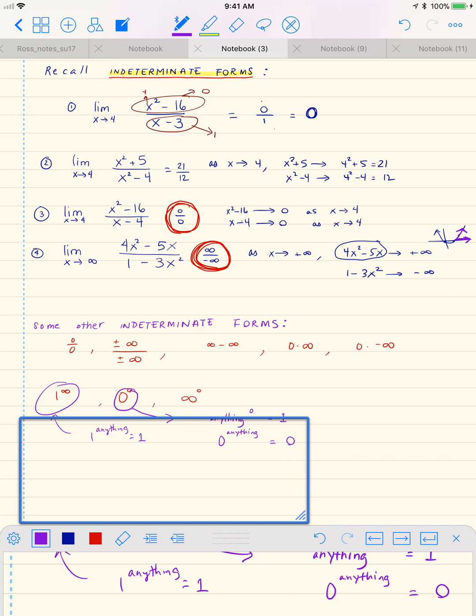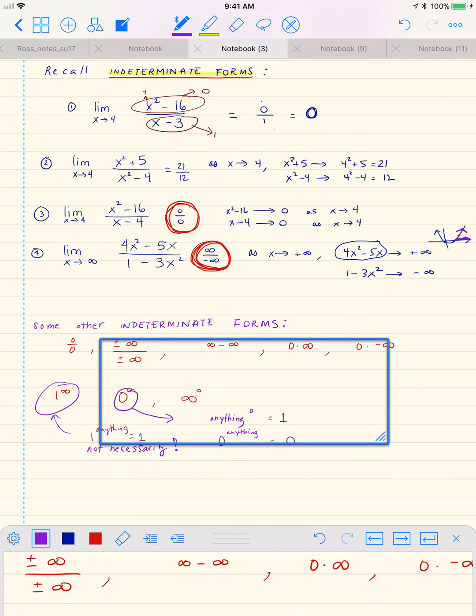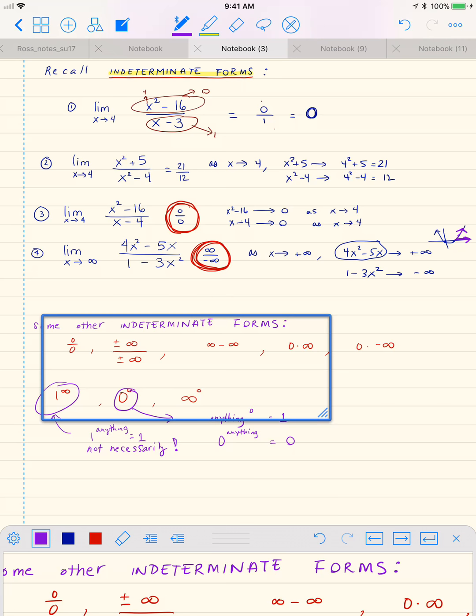But again, not necessarily. We'll see some examples where you have something close to 1 multiplied by itself a whole bunch of times, and you can end up with something really big, or something really small. You never know. So all these forms are considered indeterminate forms.